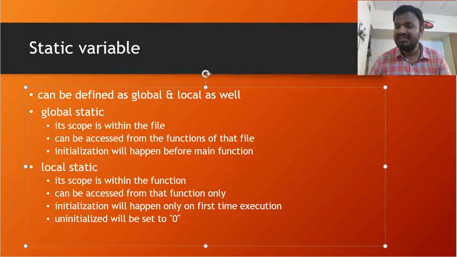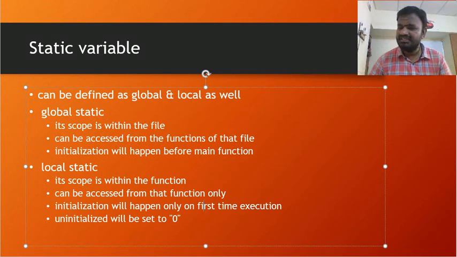As we discussed, a local variable may contain an inconsistent value. In the case of a static local variable, when we call it for the first time, it will be initialized with 0 if it is uninitialized, or if we give an initialization value, it will be initialized with that.